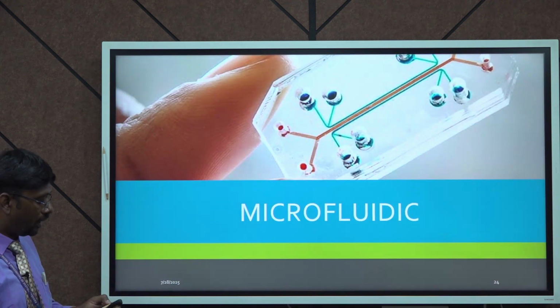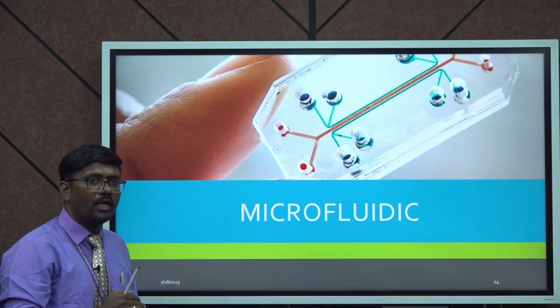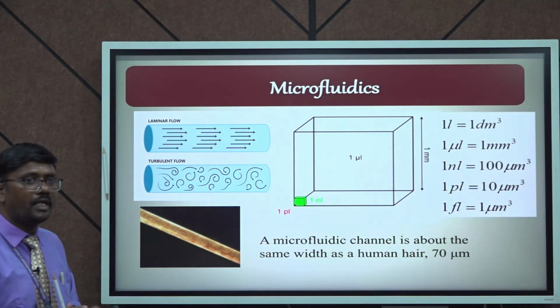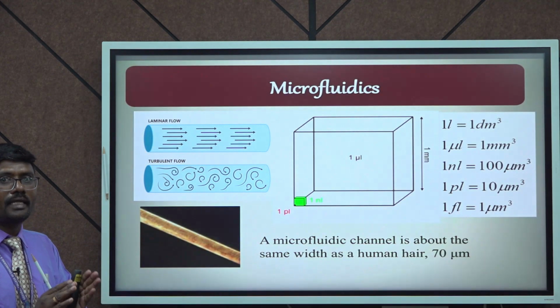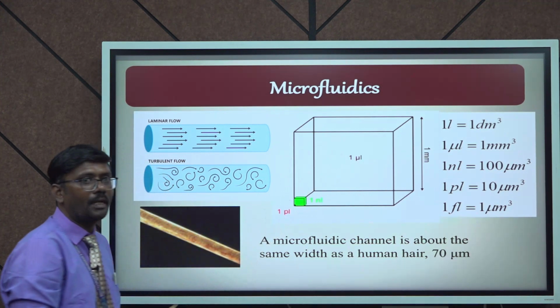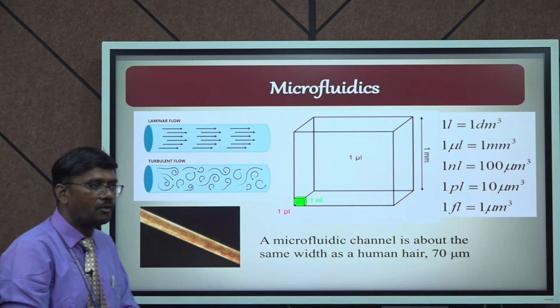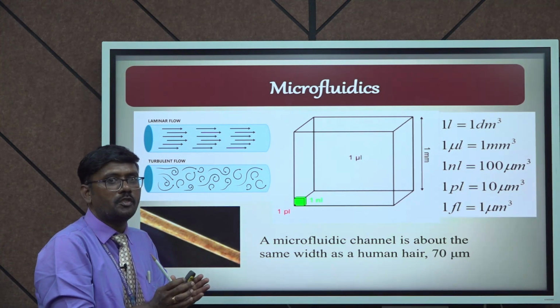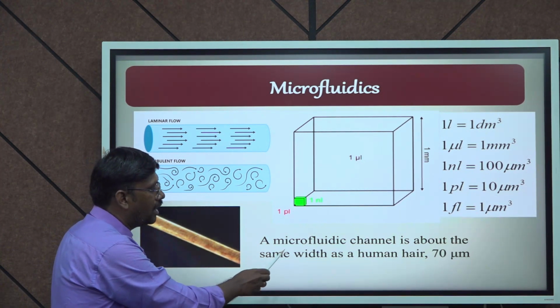Okay, let's go deeper. What is microfluidic? Microfluidic is a small chamber where the volume capacity is at the micro level. It is a 1 microliter capacity chamber. It could be a narrow trough, or a small cube or rectangular structure.